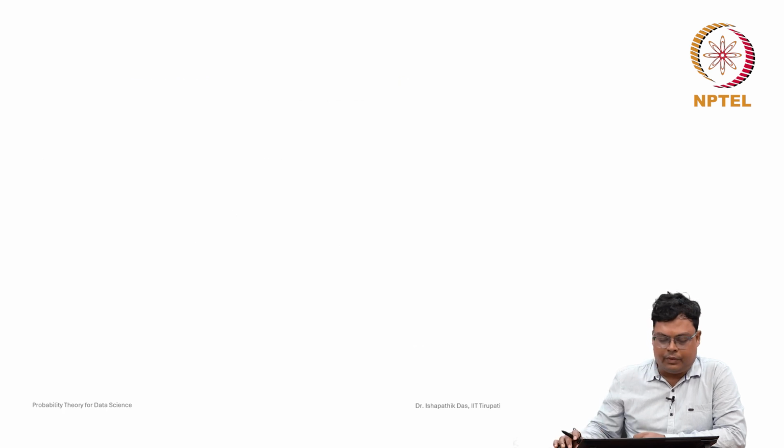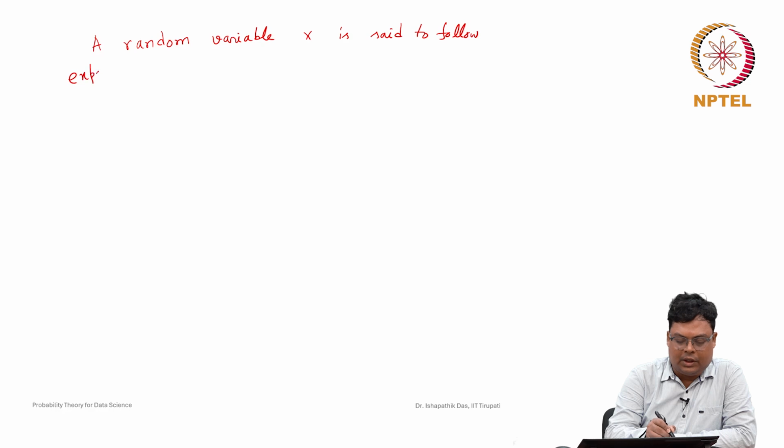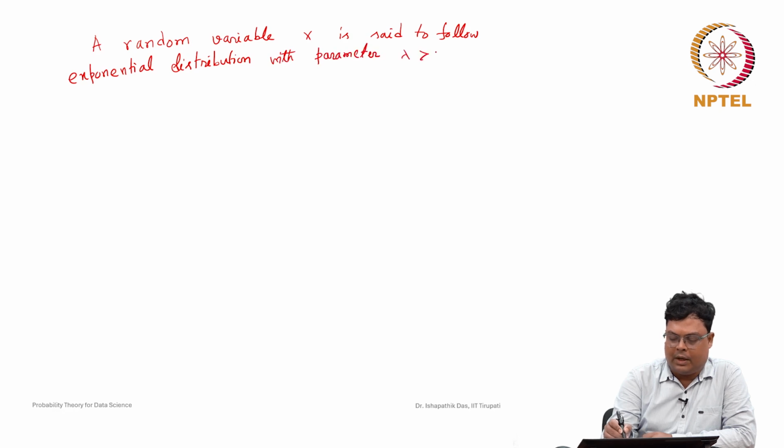So, a random variable x is said to follow the exponential distribution with parameter lambda greater than 0.